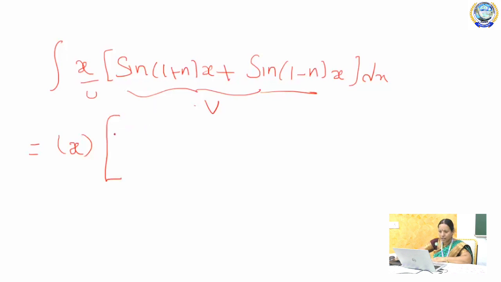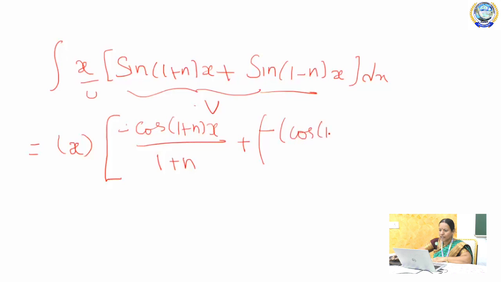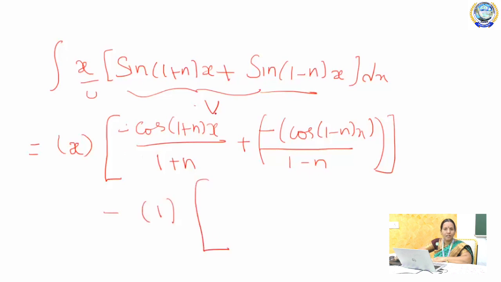So this can be written as minus cos of 1 plus n into x by 1 plus n, plus minus cos of 1 minus n into x by 1 minus n, minus the derivative of x, which is 1, and the integration of the second one, that is minus, what is the integration of cos? Sine.